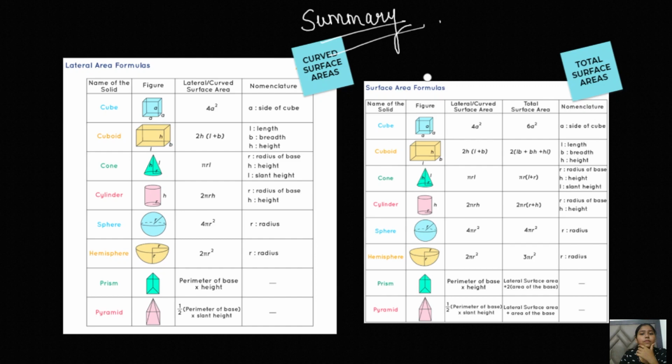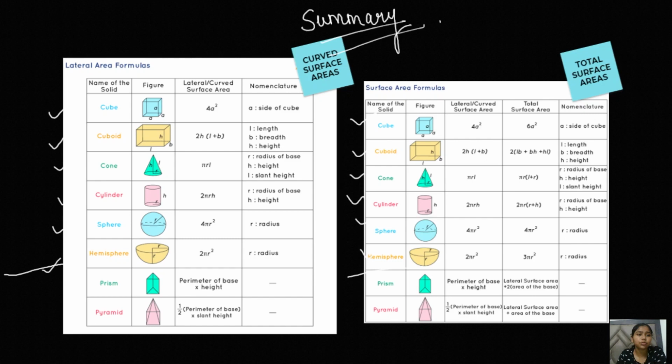You have to go through cube, cuboid, cone, cylinder, sphere and hemisphere. That's it. This is in our syllabus. Similarly with the surface area formulas, you have to go through these 6 figures only. You don't have to go through the prism and pyramid, right? This is not in your syllabus. You have to go through just these 6 shapes, right?